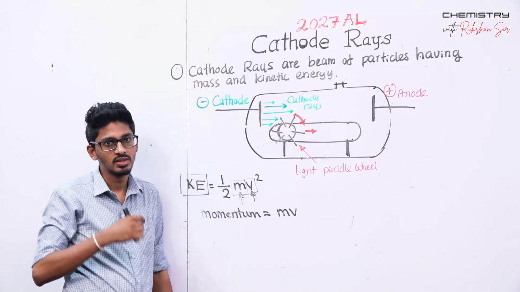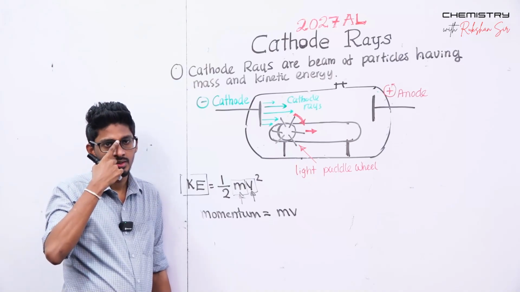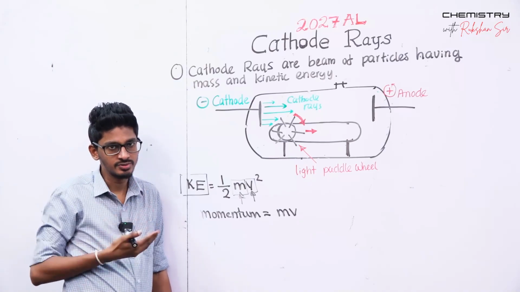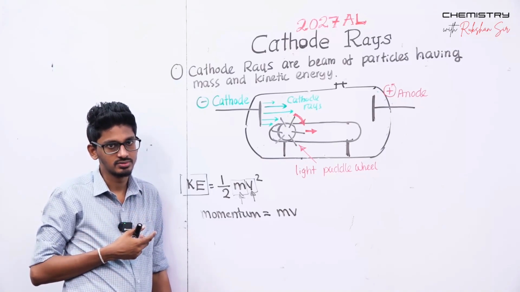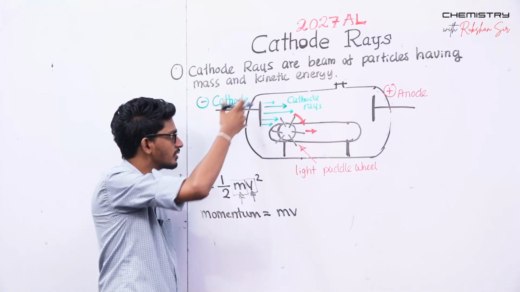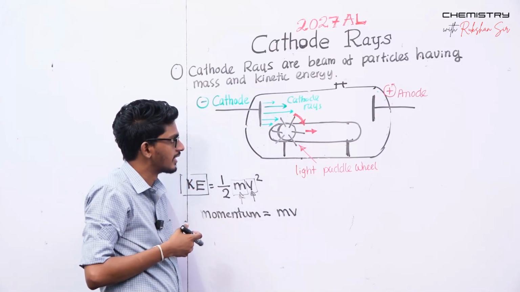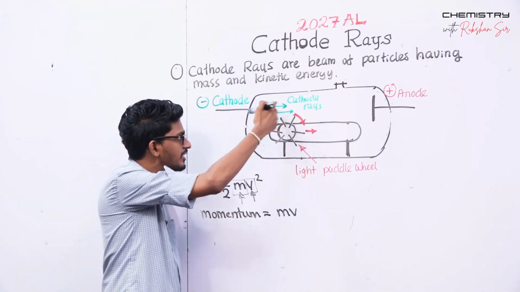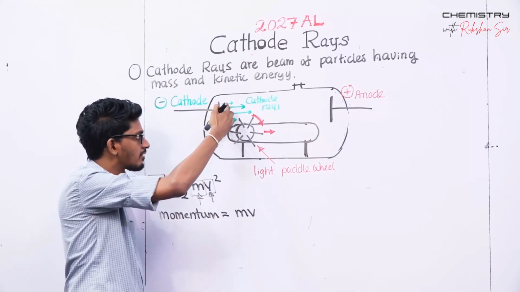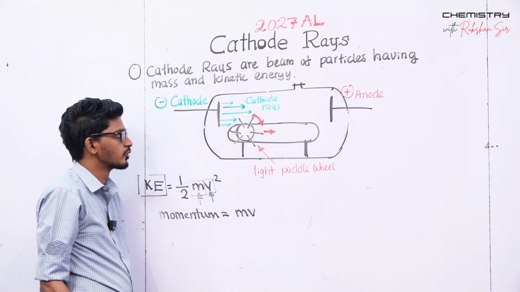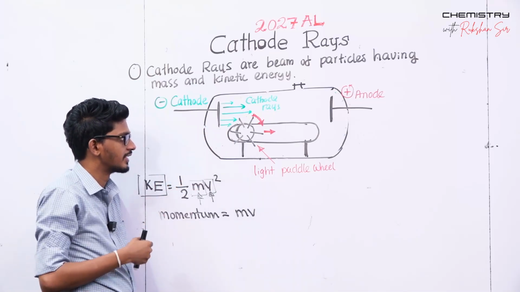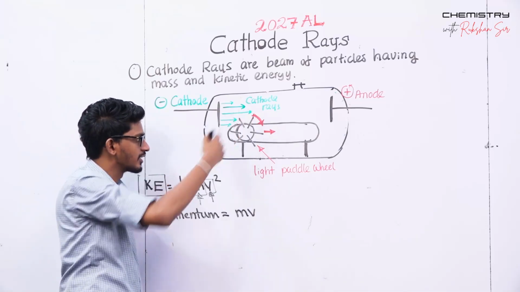So some heat will be generated at the cathode, and some heat radiation will travel from here to here. That will also cause the paddles to rotate.